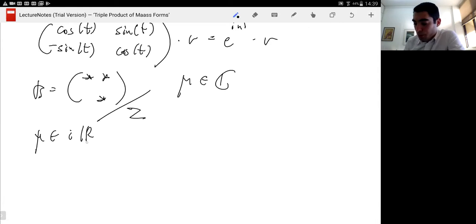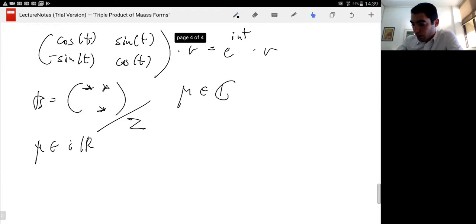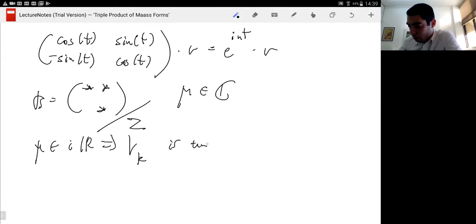So if mu is purely imaginary, it's actually fairly easy to endow Vk with a unitary structure. And I will describe how to do it in a second once we have a more concrete description of these representations.